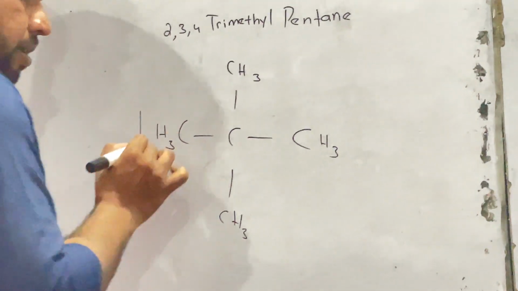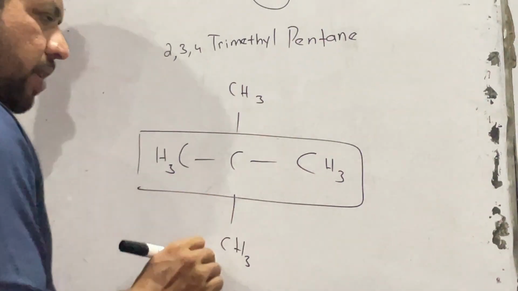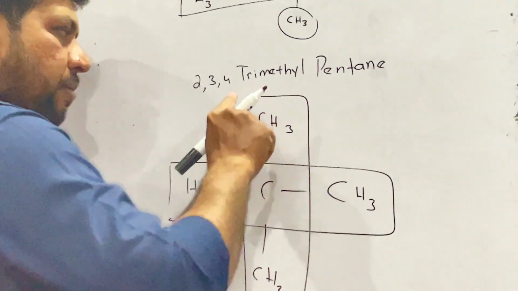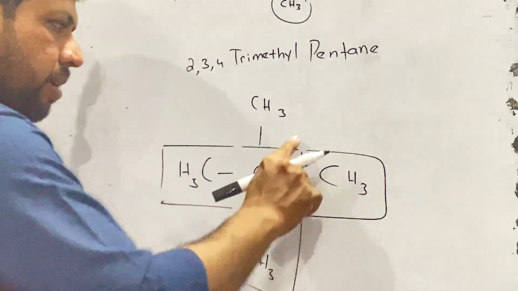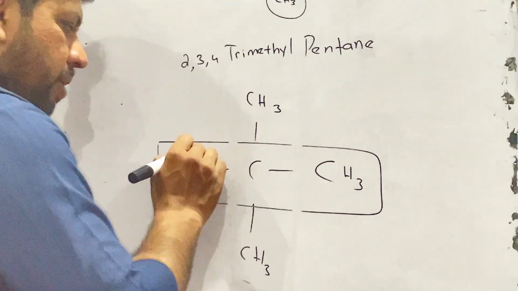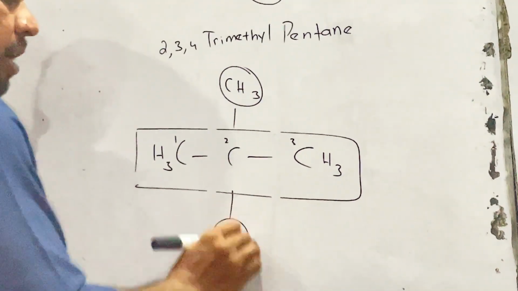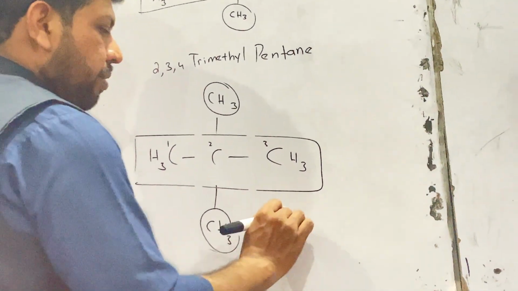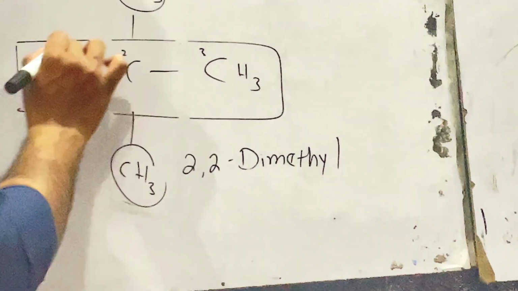Let's see another example. Students, select the longest chain. This is correct, and this is also correct, but you have to consider only one. Number the carbon atoms 1, 2, 3. There are two methyl groups present on the same carbon atom, so 2,2-dimethyl.